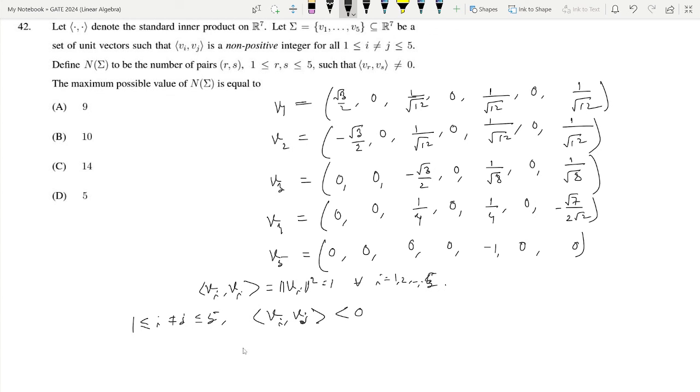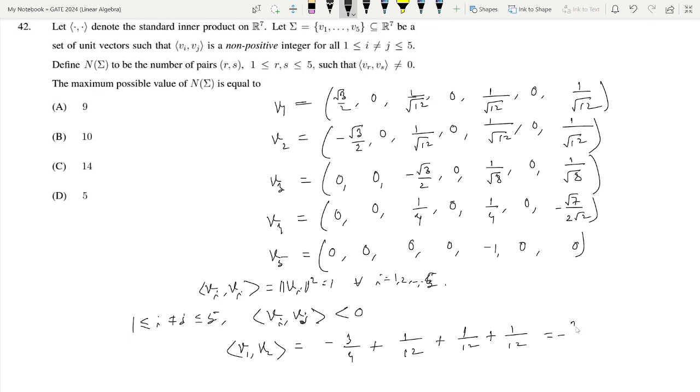For example, if we take i equal to 1 and j equal to 2, that is inner product V1 V2, this will be minus root 3 by 2 into root 3 by 2, that is 3 by 4, plus 1 by root 12 into 1 by root 12, that is 1 by 12, plus the same thing 1 by 12, plus the same thing 1 by 12.